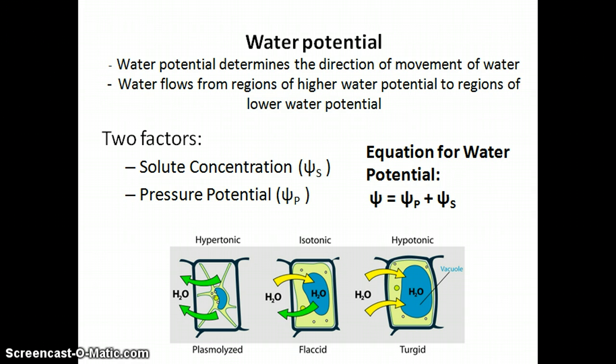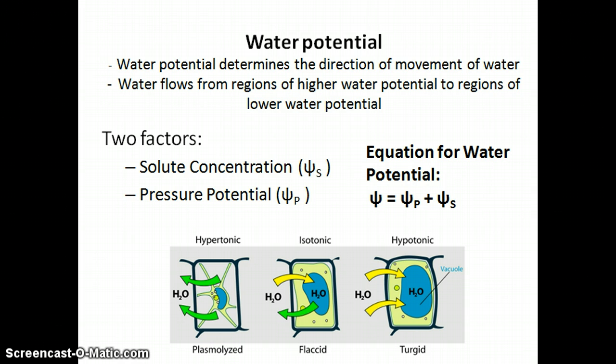And when a plant cell is placed in a hypertonic solution, meaning that solution has a lot of solute, water will go out of the cell to dilute the solute on the outside, and therefore the cell becomes plasmolyzed. Usually that leads to cell death in a plant cell.